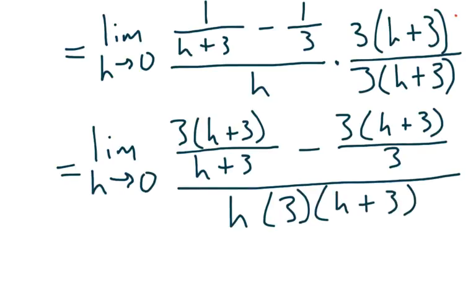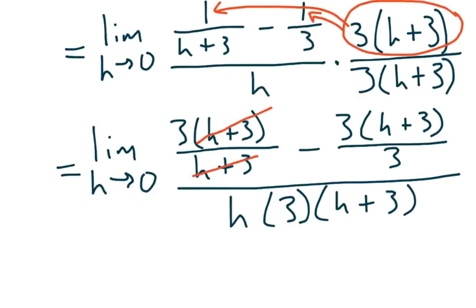Notice that in the numerator, the expression that we're multiplying in is being multiplied into the numerators of our original fraction. Notice further that we get cancellation. What are we left with?